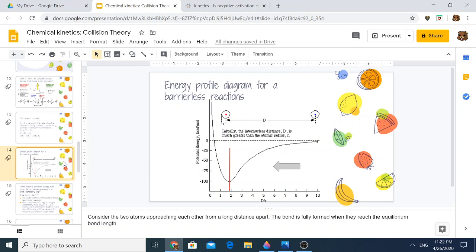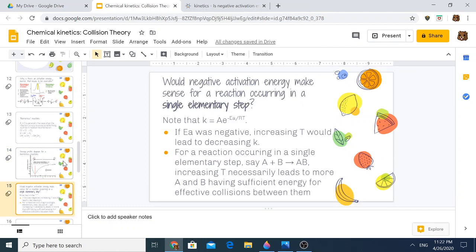Now we will go on. So now we have answered the first question on whether reactions can have zero activation energy, and indeed they can have. What about negative activation energy? Since activation energy has been defined as the minimum energy that the reactants must possess for the reaction to occur, it certainly must be at least equal to 0.